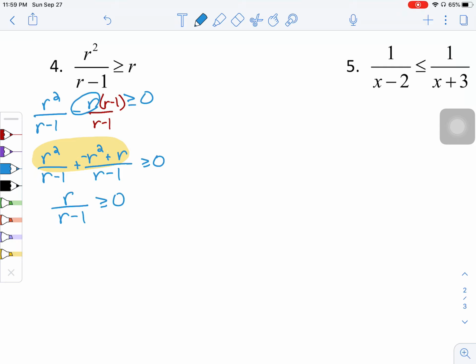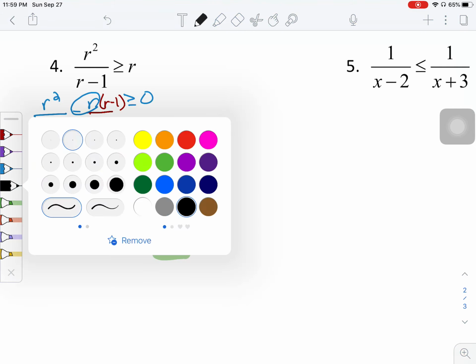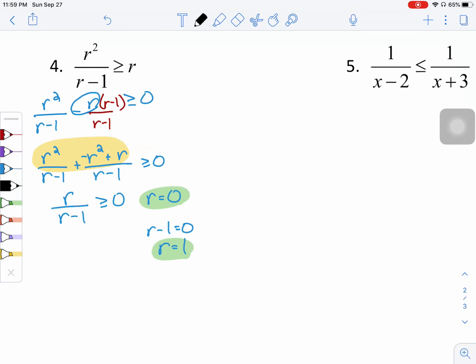So to find the critical values, I'm going to set the numerator equal to 0. I'm going to set the denominator equal to 0. The numerator is straightforward, right? r is equal to 0. Denominator, r equals 1. So my two critical values then are going to be r equals 0 and r equals 1. And I'm going to then put them on a number line.